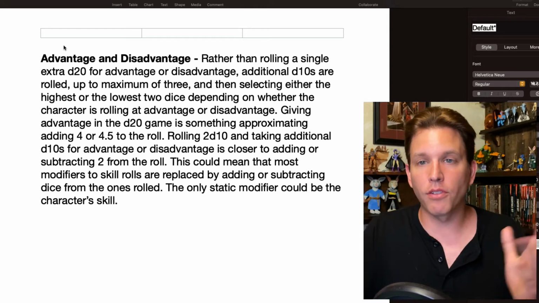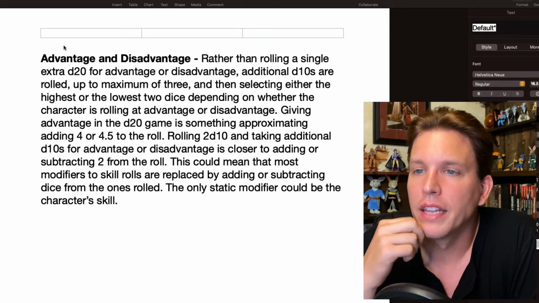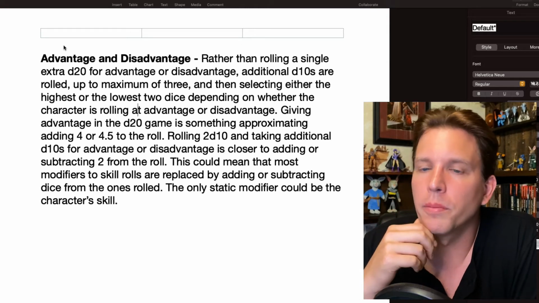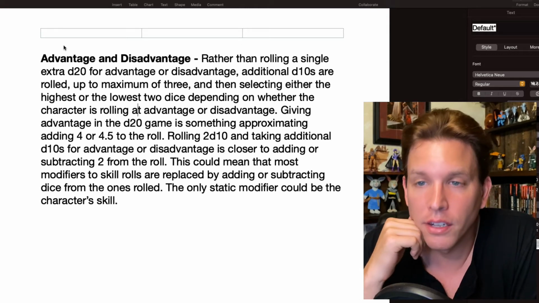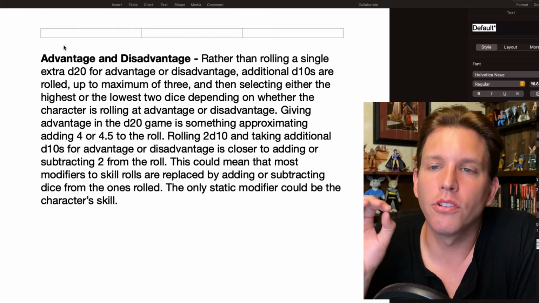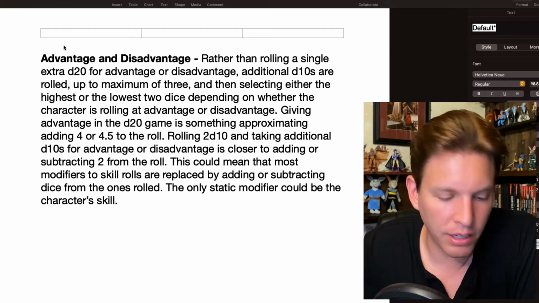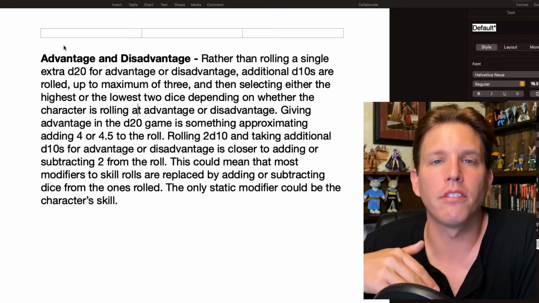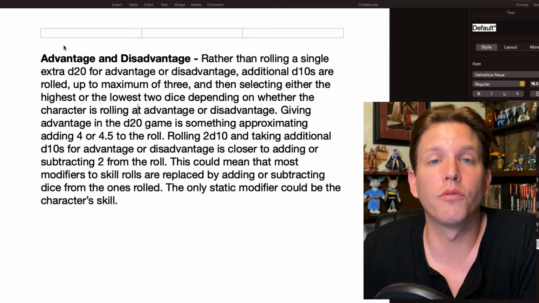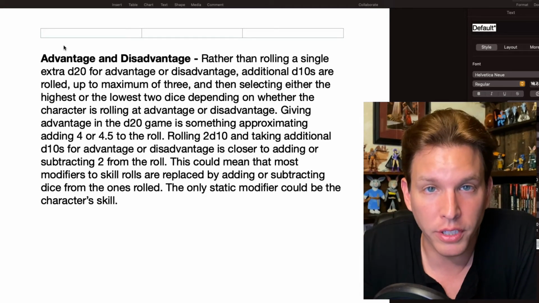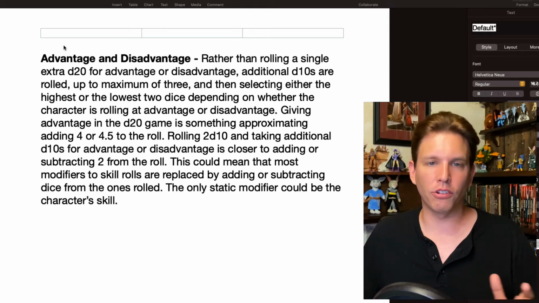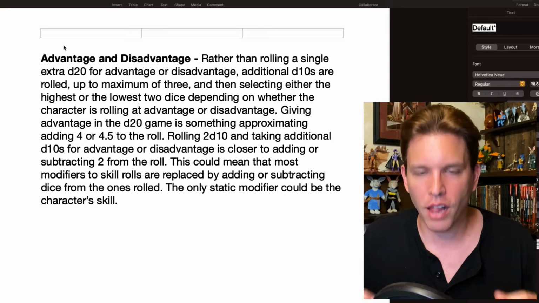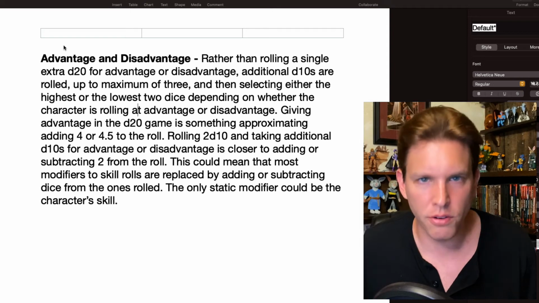Now, my line of thought when I was saying down here that the only static modifiers that would be applied are the character's skill is trying to distinguish between things that are intrinsic to the character, such as their skill, and things that are part of the environment and are therefore external to the character. So you've got this distinction between what exactly gives me a solid bonus, a hard bonus, a plus 2 to my roll.